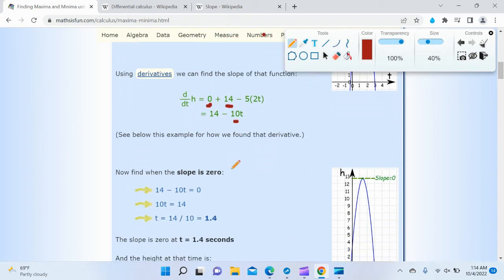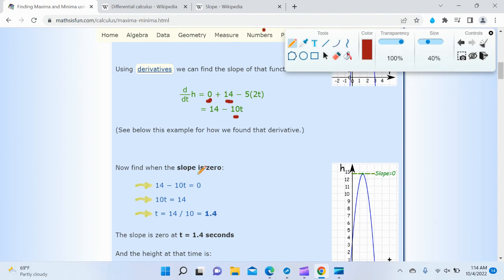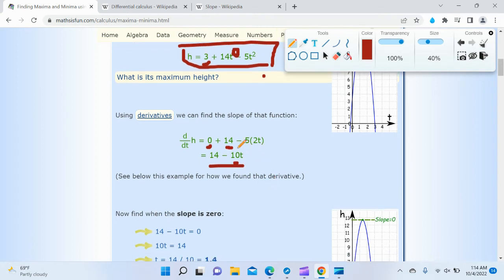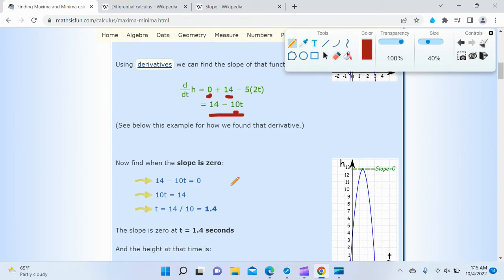And this you can say is the slope also. Now find when the slope is 0. So basically this is a slope. What I initially explained to you is that differentiation of something is nothing but a slope. Now what will be the slope with different values of t?